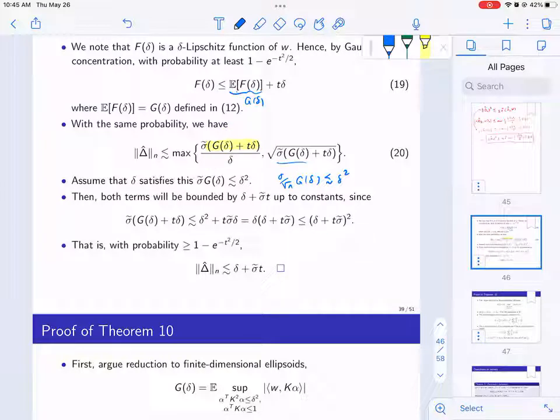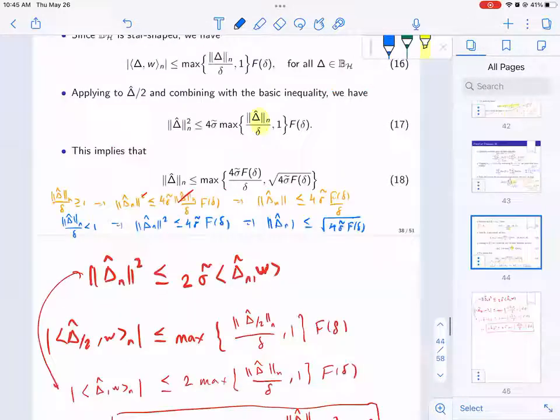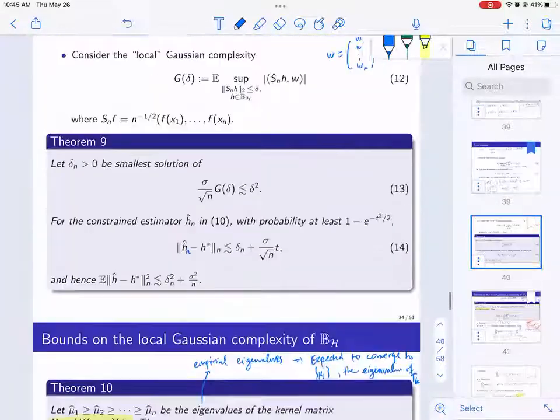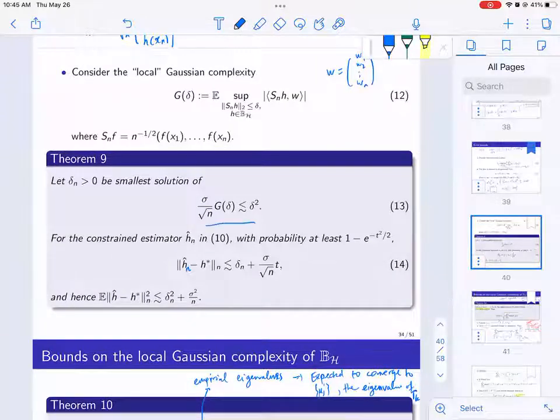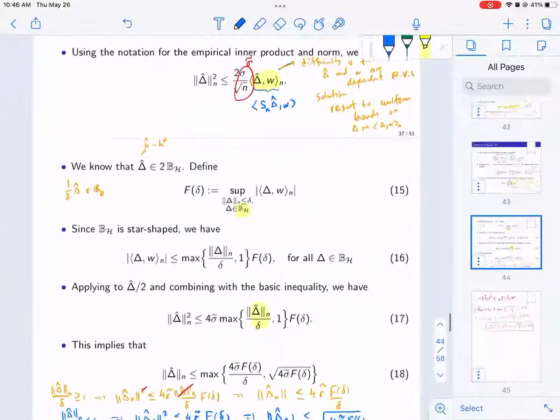So both terms will be bounded by that. That's the end result that you prove. So if you go back to what we wanted, what we showed is that any solution of this basically will satisfy this. And so you take the smallest solution. Then the expectation follows by integrating. It directly follows from that.